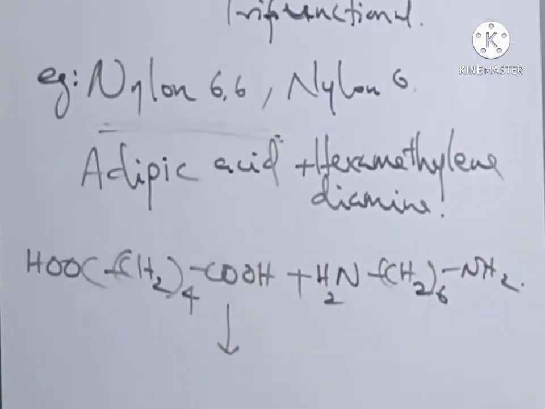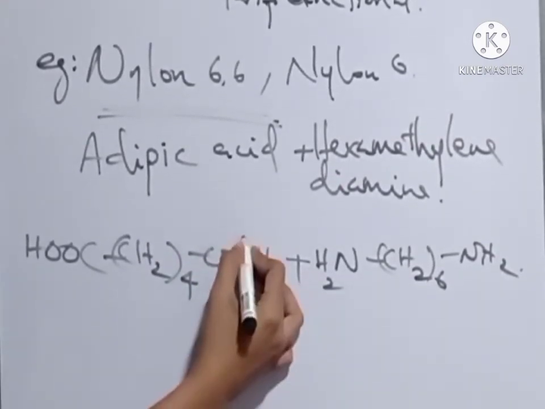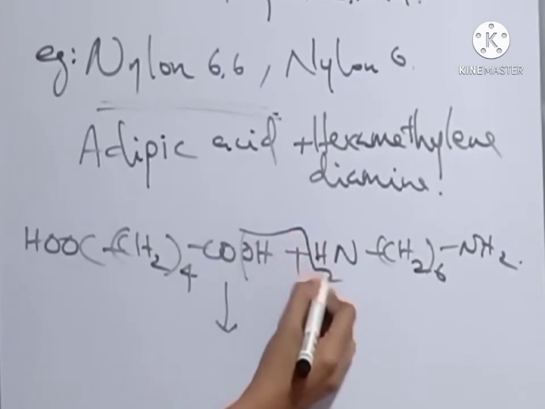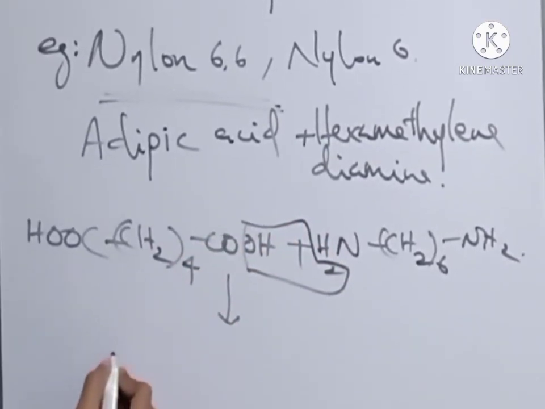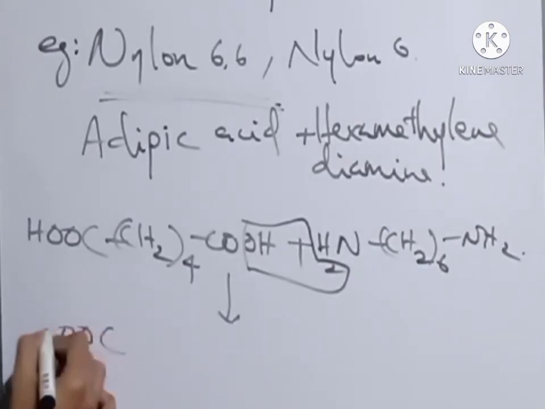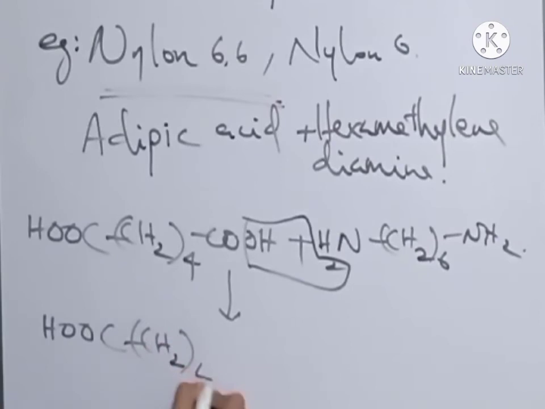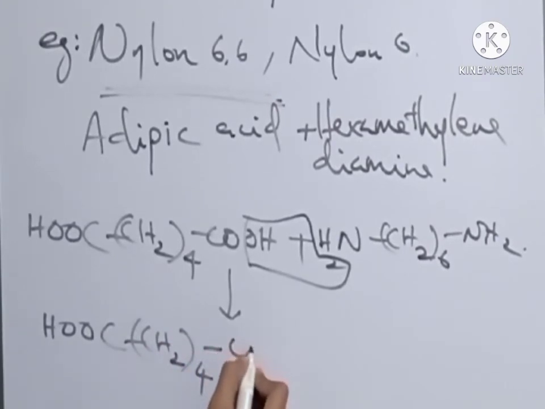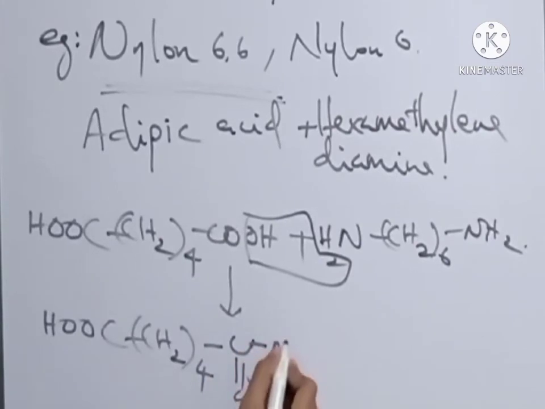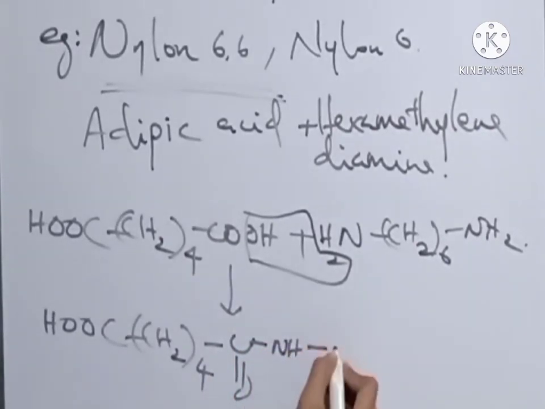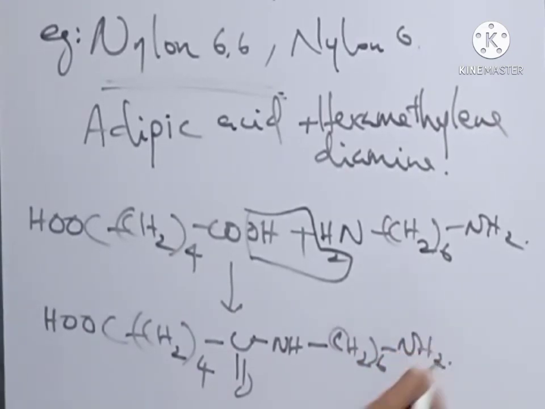When these two molecules combine together, one water molecule will be liberated, that is OH and H will be gone away, and the new polymer formed here is (CH2)4 CONH (CH2)6 NH2.